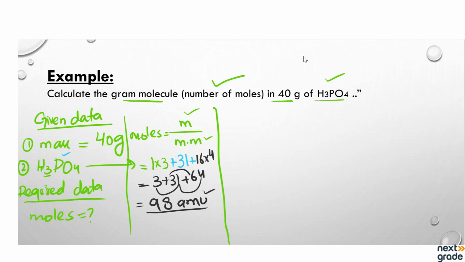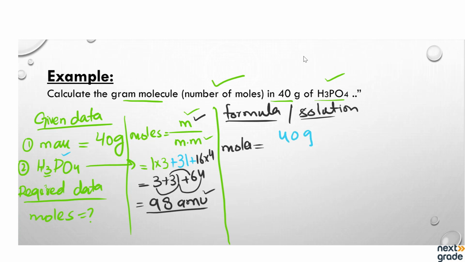Now we will apply the formula, or we can also write it as solution. सो हमारे पास सबसे पहले आएंगे मोल्स. It is equal to mass in gram. तो mass in gram जो हमारे पास गिवन है, it is 40 grams, divided by molar mass. Molar mass we have 98.